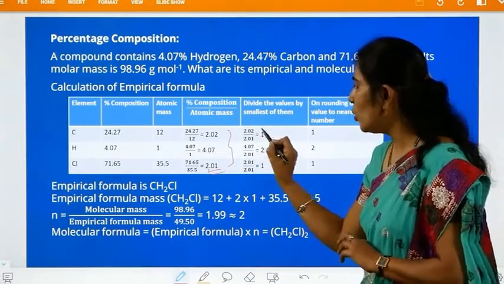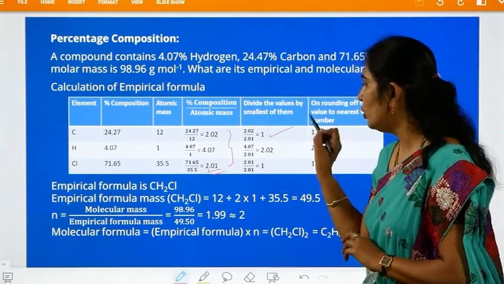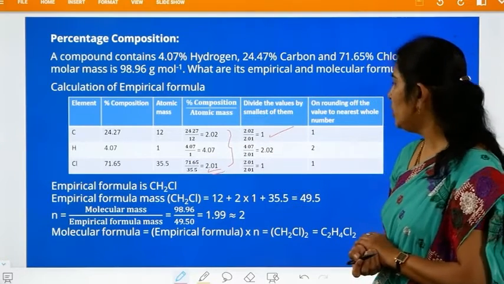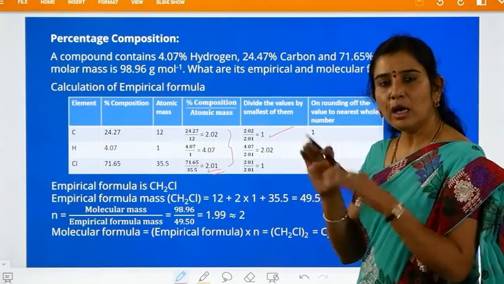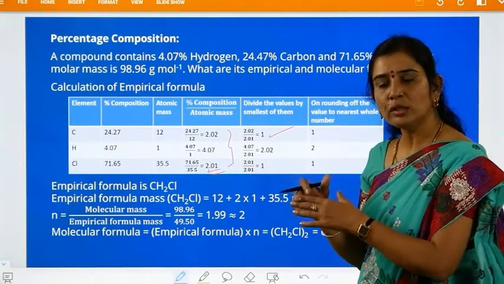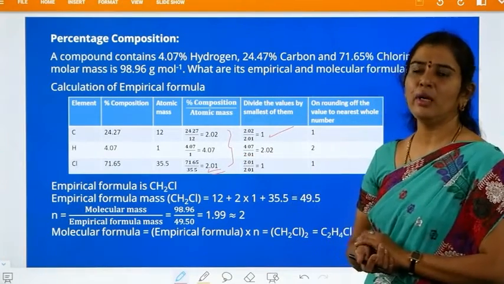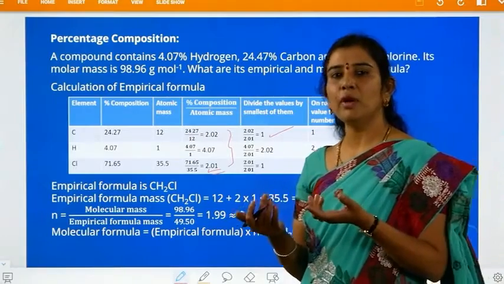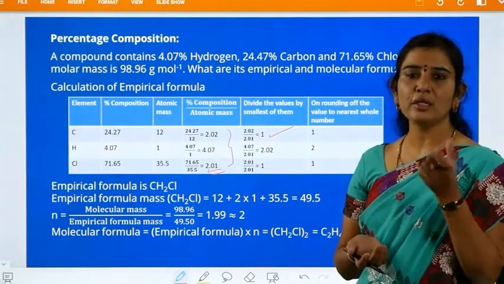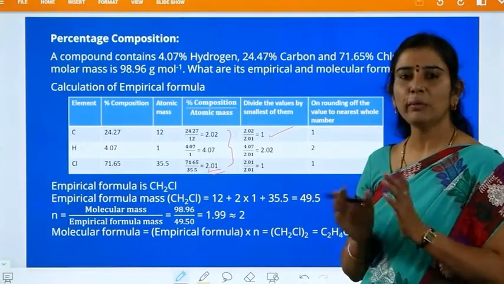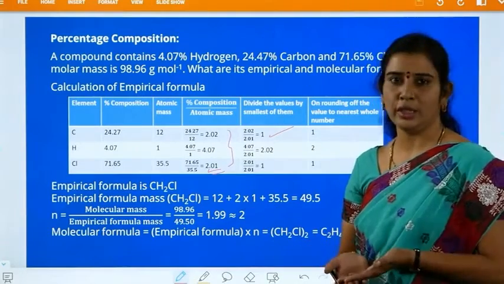So divide 2.02 by 2.01, you will get 1. What am I doing here? I am converting the larger ratio value into the smallest number. To make our empirical formula representation easier, we are doing that. To get the simplest form, thereby the calculation becomes easier.